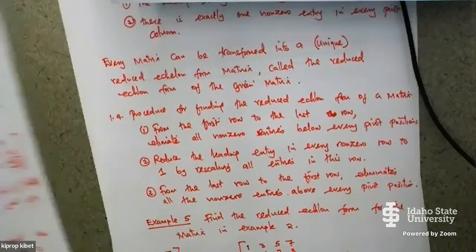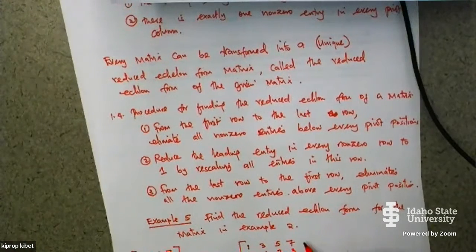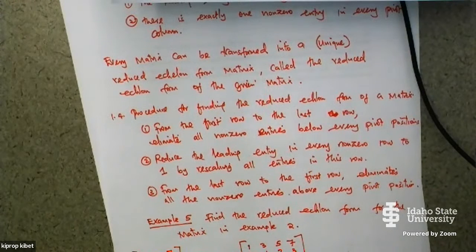Now we want to reduce it again to reduced echelon form. We have done up to step number 2 here. We have made all the leading entries to be one.